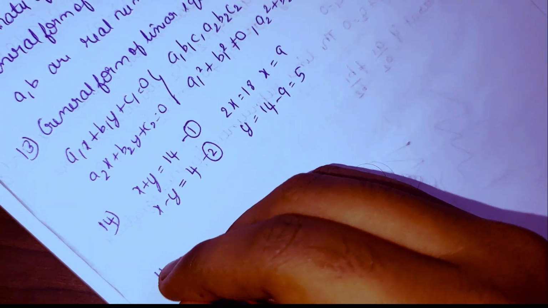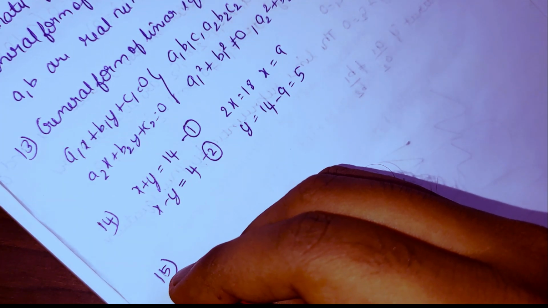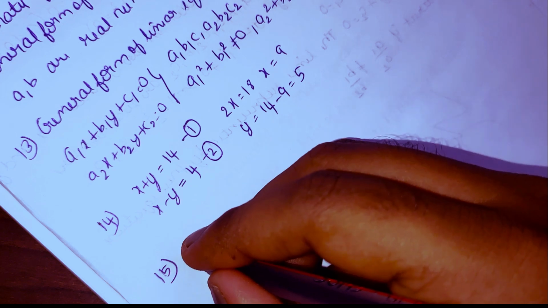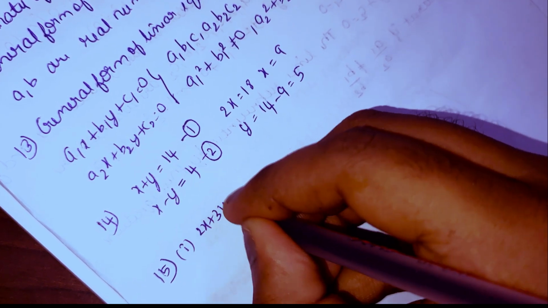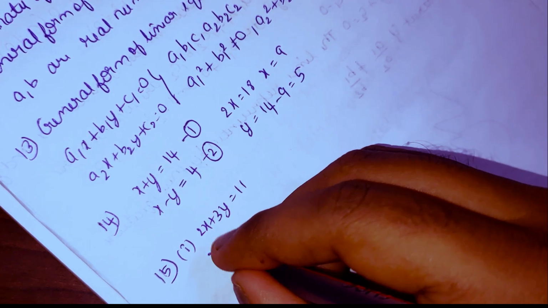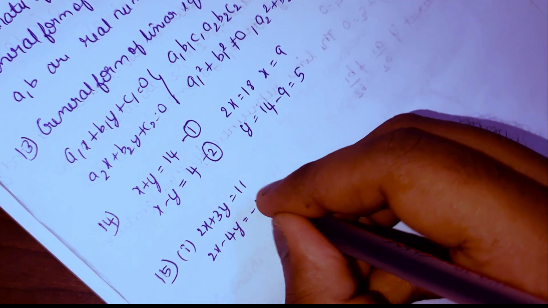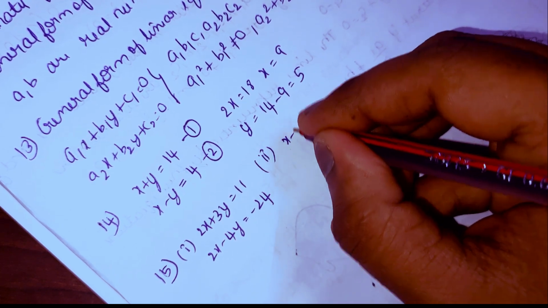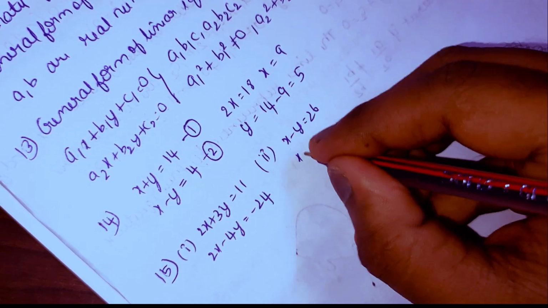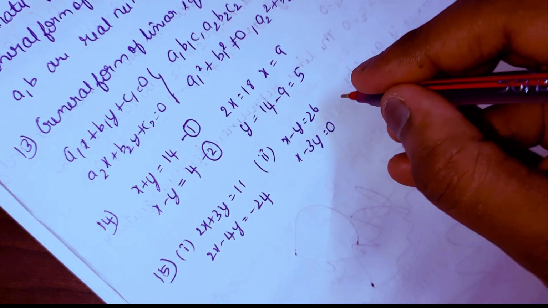15th question. This is divided in three parts. 2x plus 3y is equal to 11 and 2x minus 4y is equal to minus 24. Second one, x minus y is equal to 26 and x minus 3y is equal to 0.